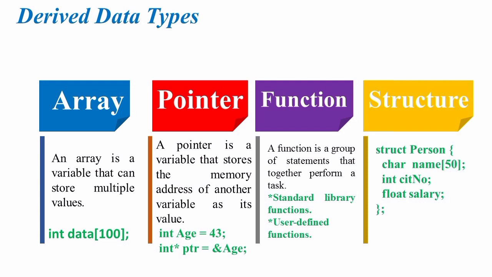And here three members are used. They are name, which is declared as char, number, which is declared as int, and salary, which is declared as float. At the end of the structure, we have to mention the semicolon. This is the syntax of structure in C programming.